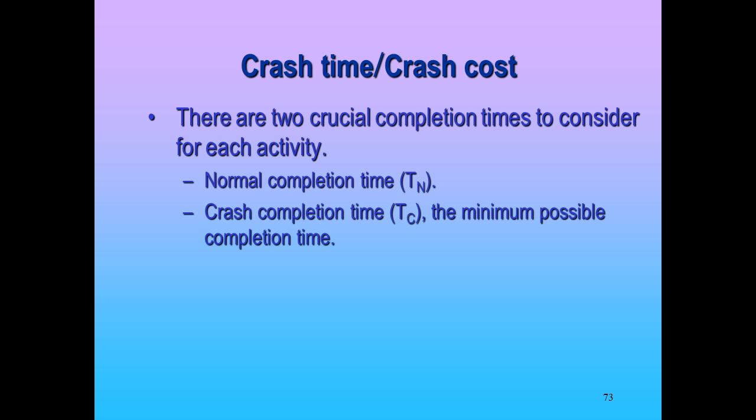Does that make sense? So we take the crash cost minus the normal cost divided by the normal time minus the crash time. Gives me $200 per day. Let's do the same thing here. 1,200 minus 200 over 20 minus 10. So that gives me 1,000 divided by 10, or $100 per day.